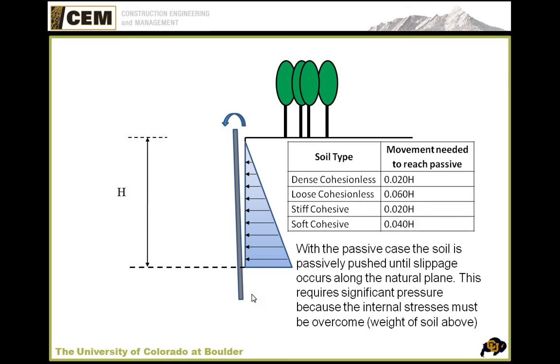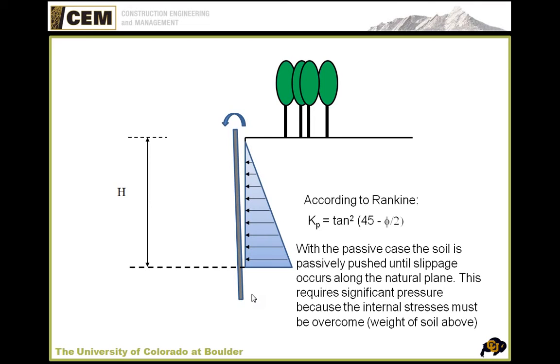You can see here with our dense cohesionless soil, it's 0.02 times our height. A lot more motion than with our active case, but in any regard, it's still a very small amount of motion relative to the height of the pile. Okay?